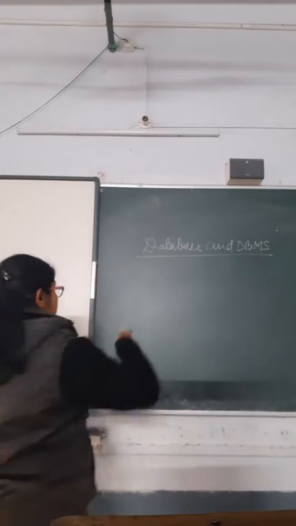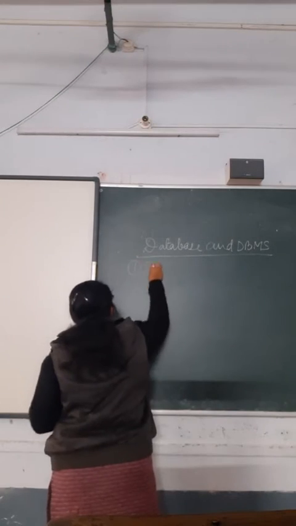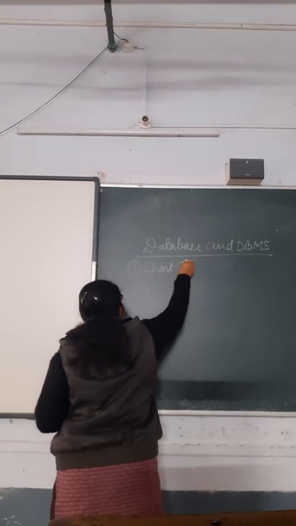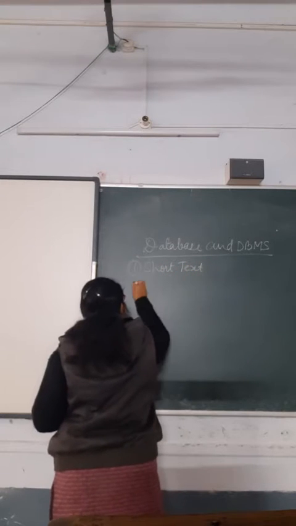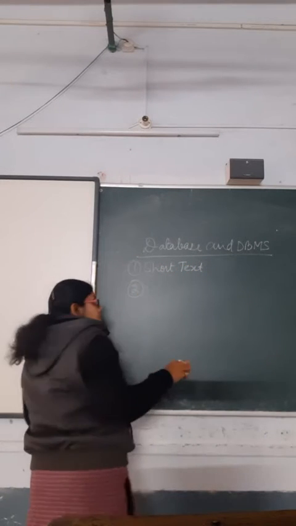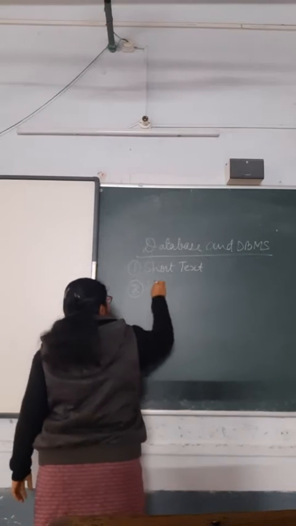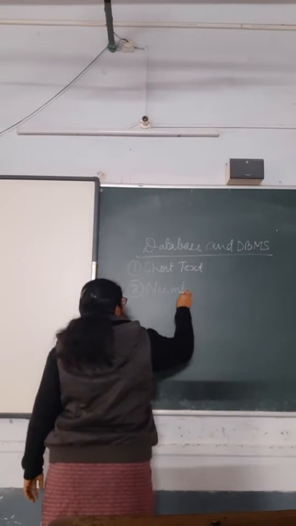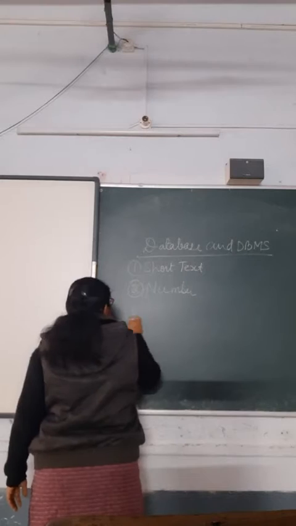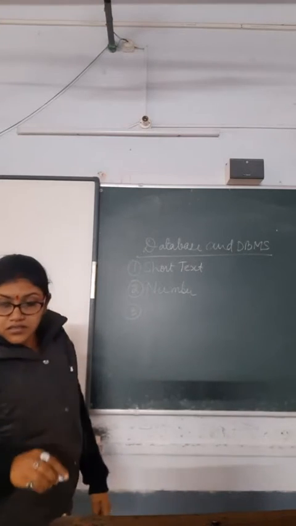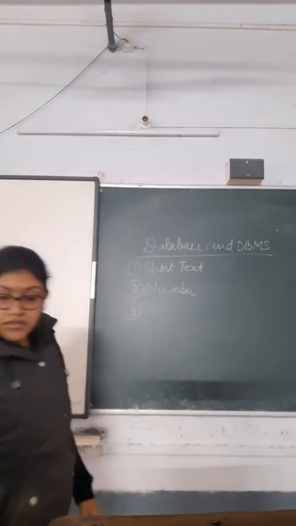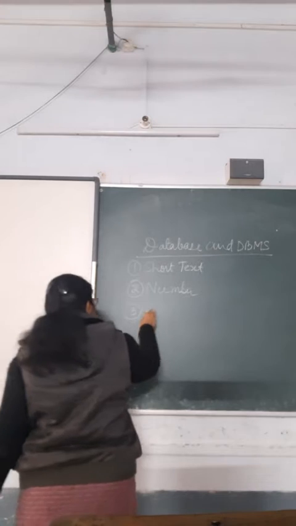So first is short text. Second is number. Third is date and time.